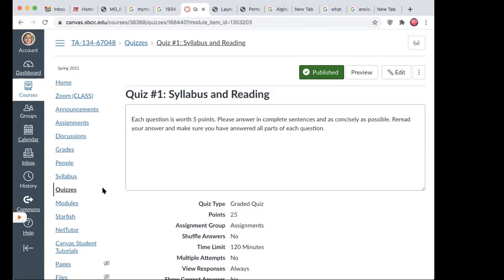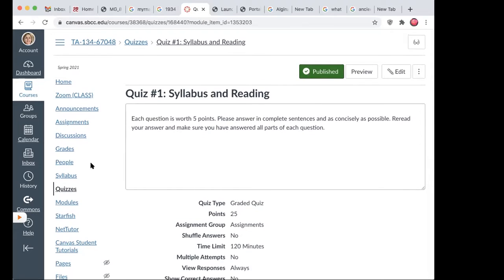So how do we study for it, aside from reading the syllabus? You don't study for it, you just open it up and take it. Actually, doing the quiz is part of studying. We read the syllabus the first day in class. All the things on your navigation, you should be familiar with your Canvas course.